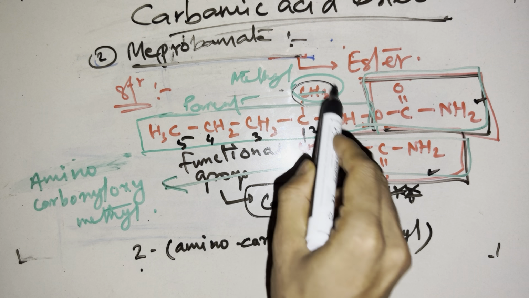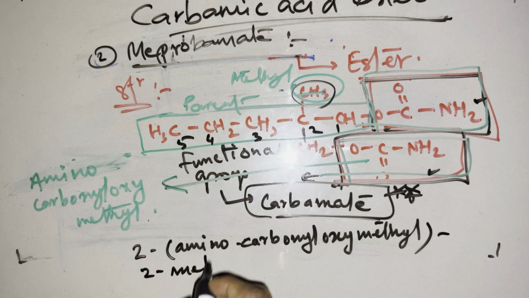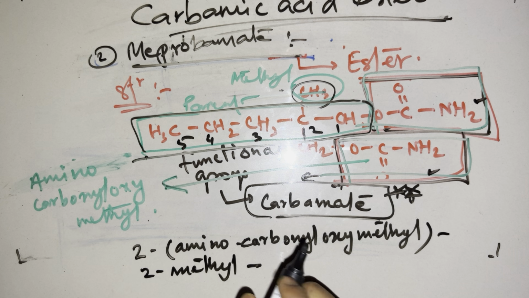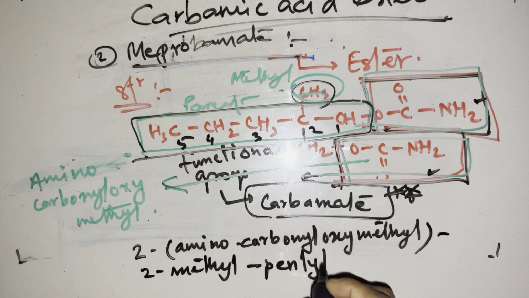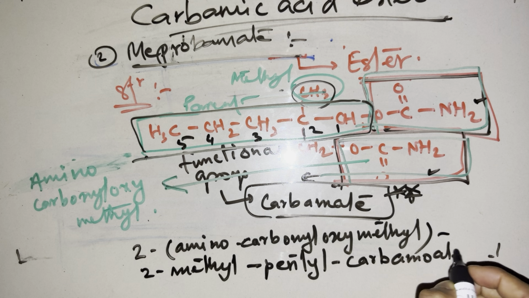Next this one, 2 methyl. 2 methyl. Next how many carbons are there? 5 carbons. So 2 methyl pentyl carbamate.